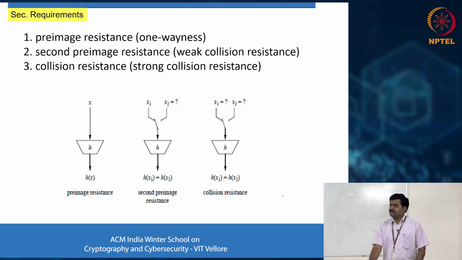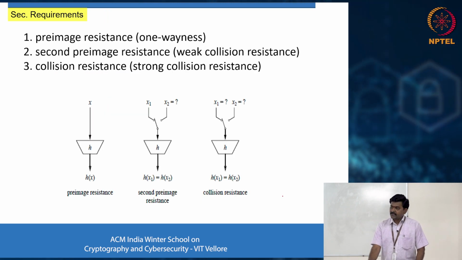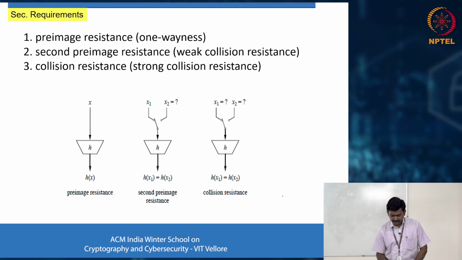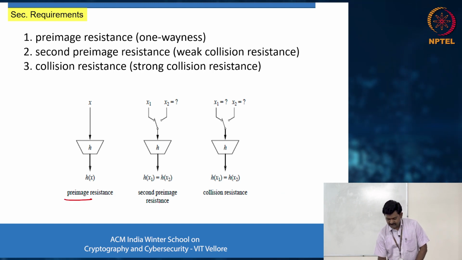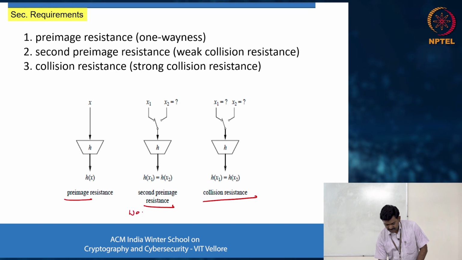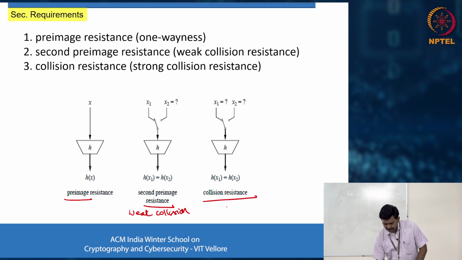What are the requirements of hash functions? There are three requirements: pre-image resistance, second pre-image resistance or second collision resistance. The second pre-image resistance is also called weak collision resistance. The final one is called strong collision resistance.